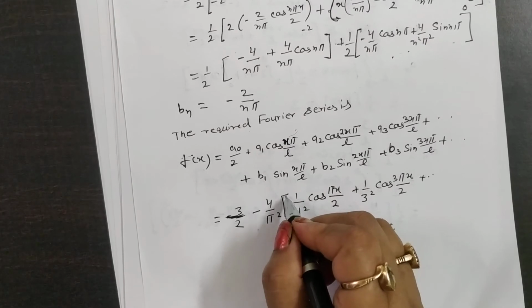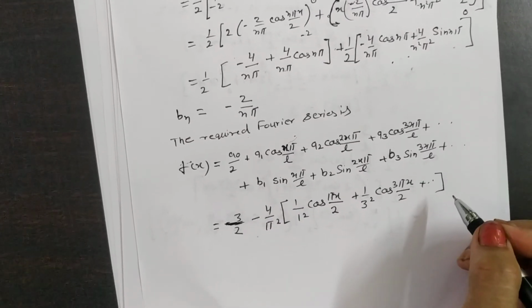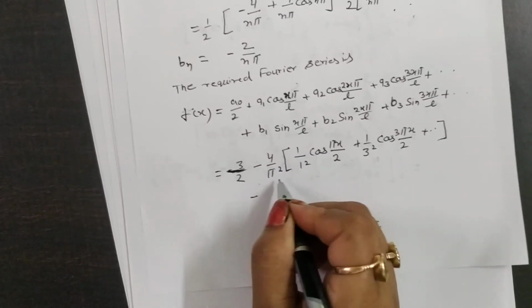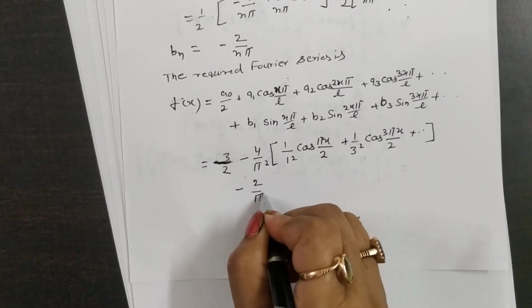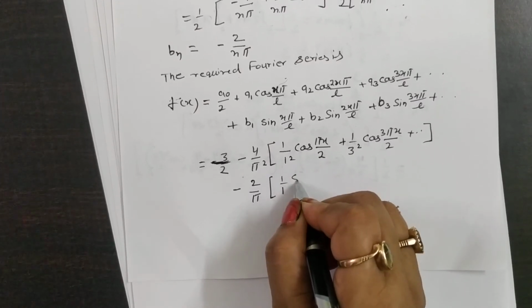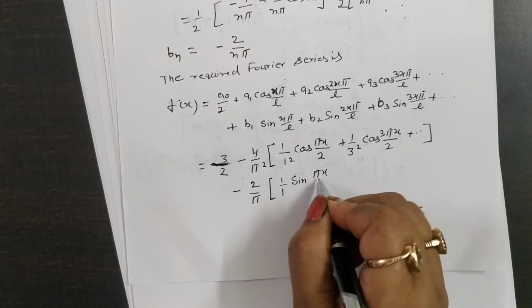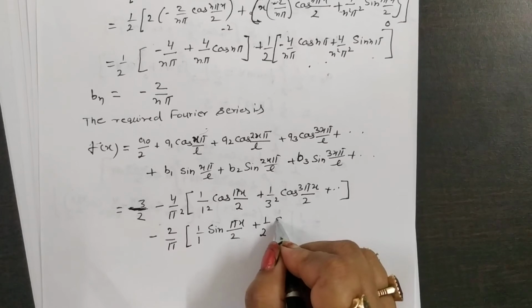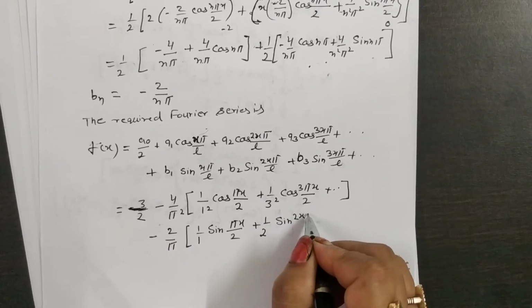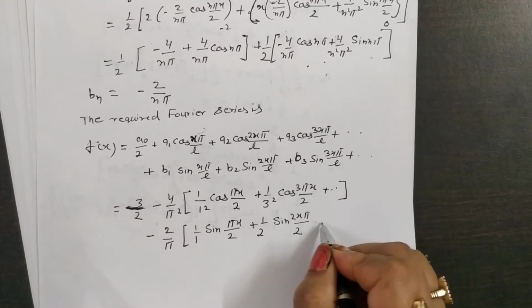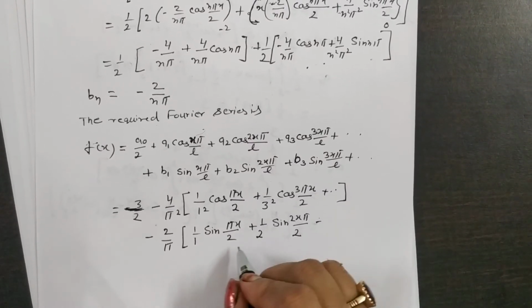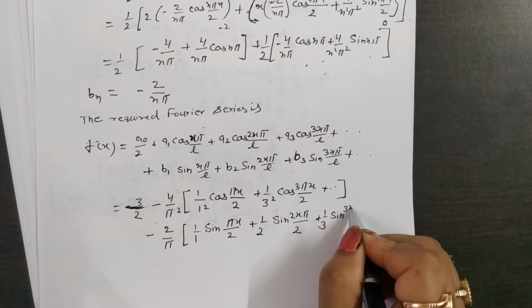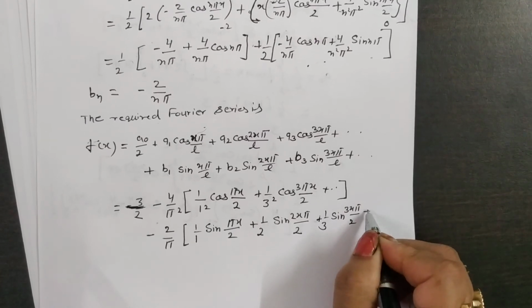Similarly for b1, that is minus 2 by pi, times 1 by 1 sin pi x by 2, plus 1 by 2 sin 2 pi x by 2, plus 1 by 3 sin 3 pi x by 2, and so on.